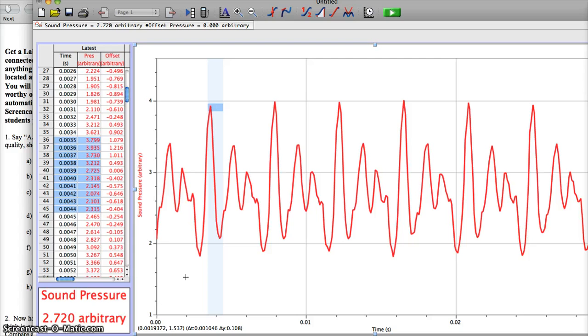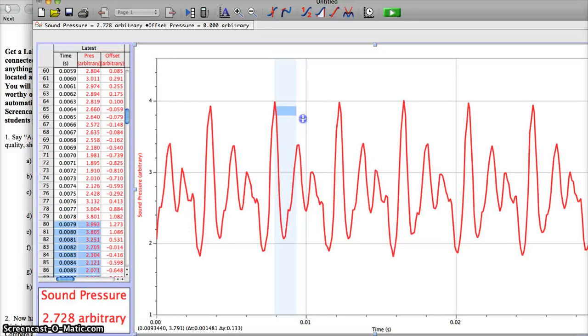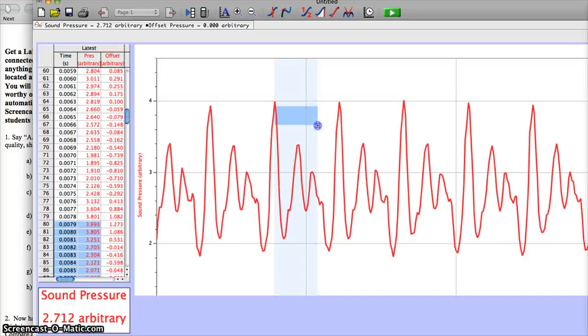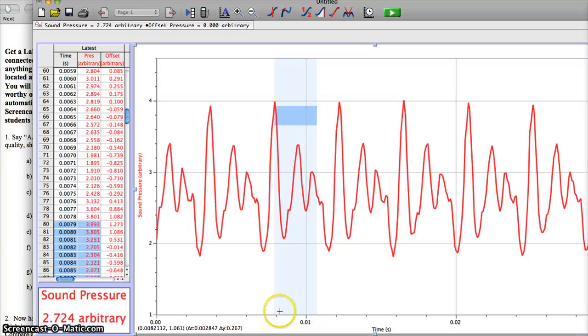From here to here, that is the amplitude, which is about 0.01, or like 0.001, one hundredth.